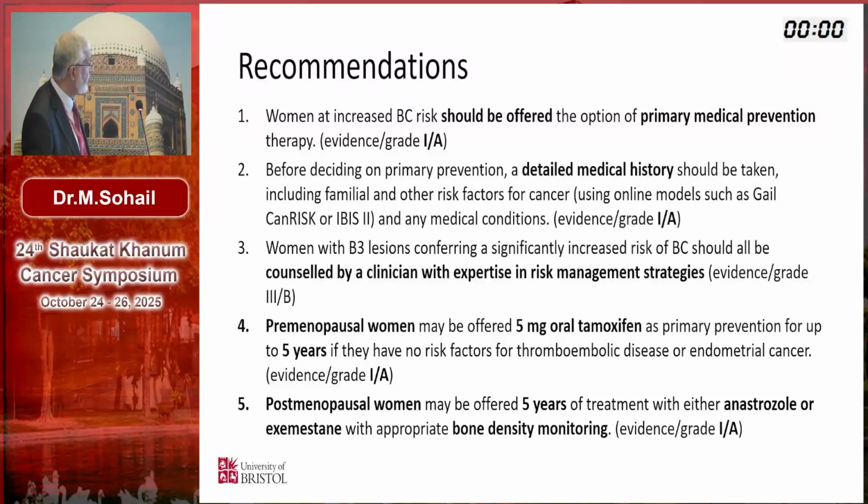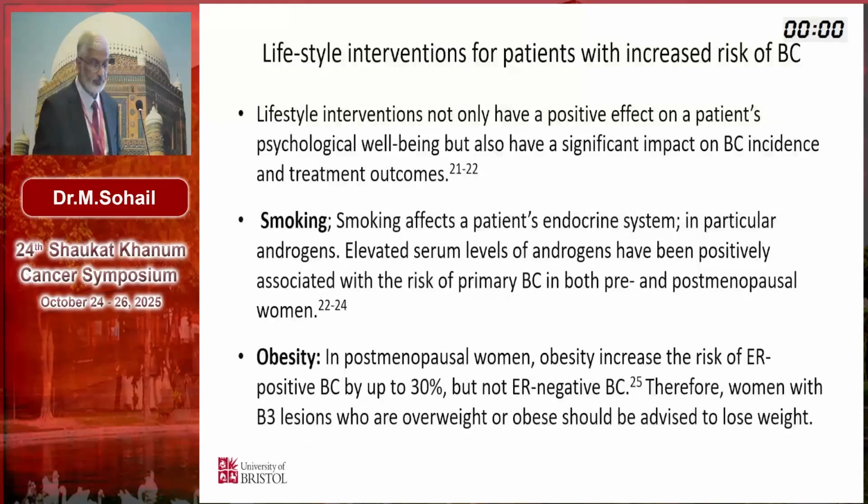For premenopausal women, they suggest, instead of the 20 milligram new adjuvant dose, a lower dose of tamoxifen, as there are studies saying that 5 milligram gives more compliance, fewer side effects, and is effective too. In postmenopausal women there's a risk of endometrial cancer with tamoxifen, so you give an aromatase inhibitor, but in premenopausal women you can give tamoxifen.